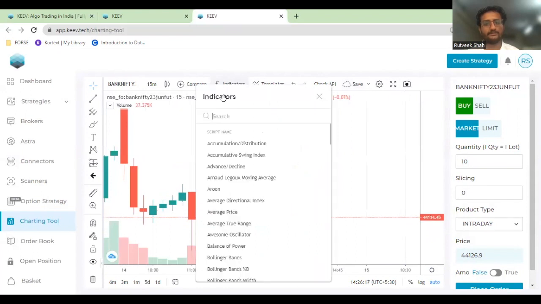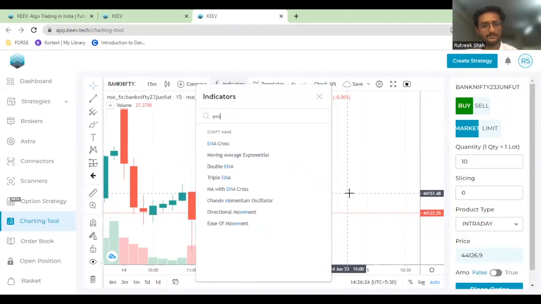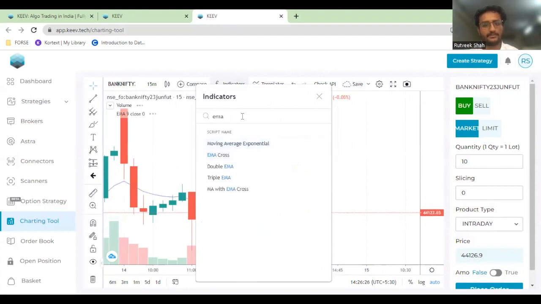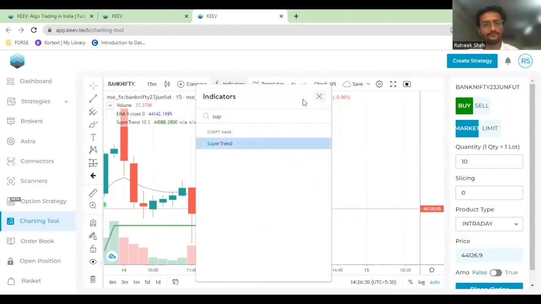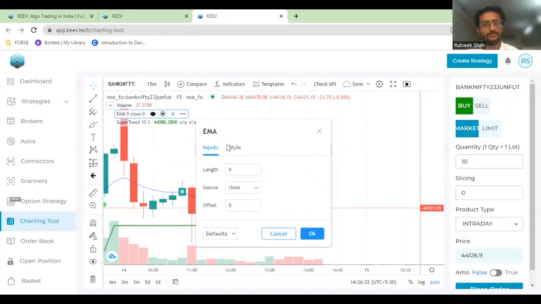We'll add our indicators here. So as you can see, Bank Nifty is currently live because the market is still ongoing. EMA to be 13 minutes.